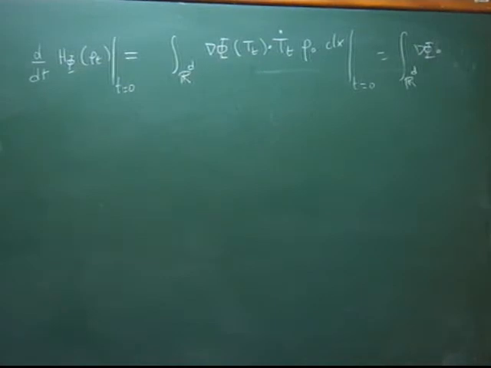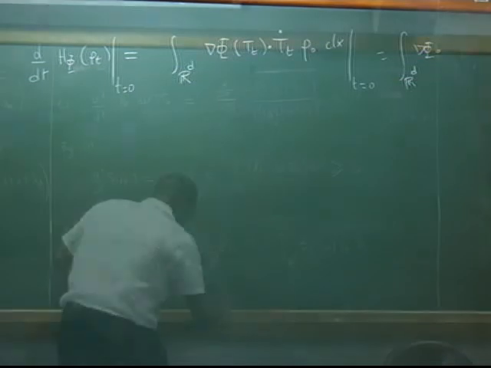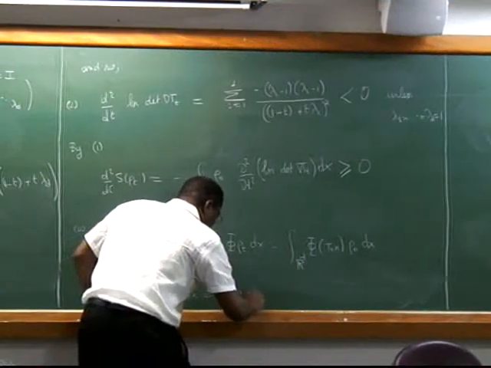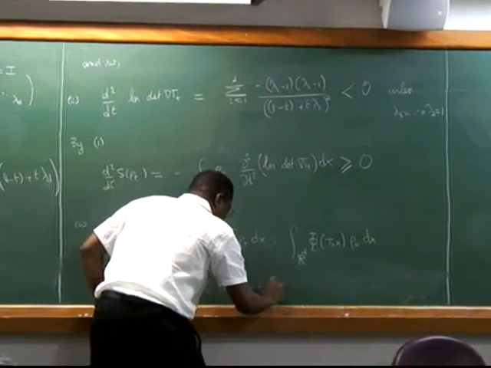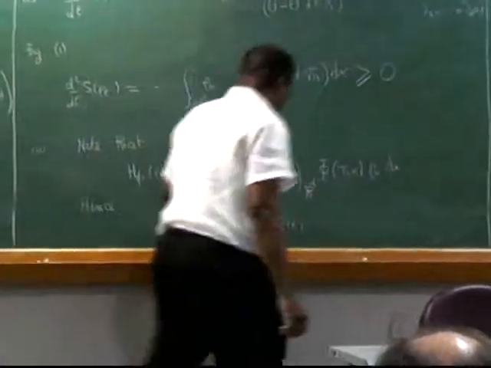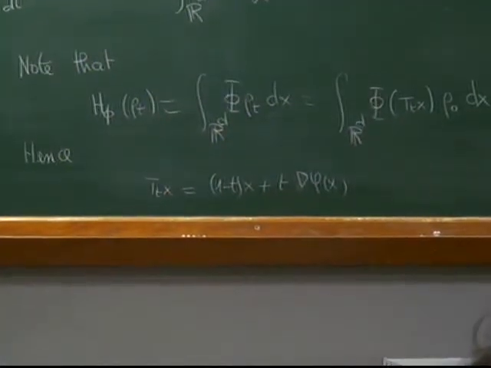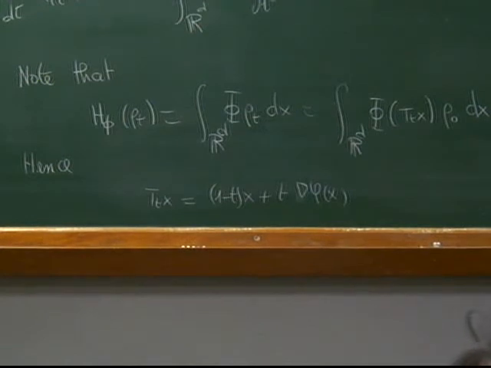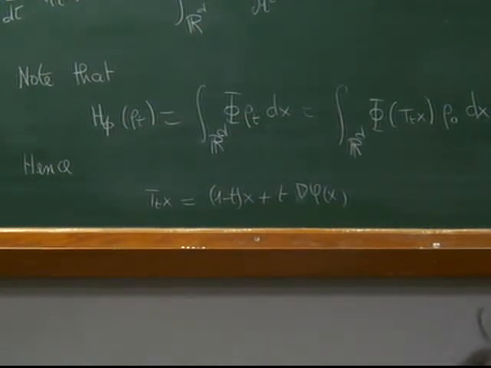Let us remember that T_t of x is (1 minus t) x plus t gradient phi of x. So T dot is gradient phi minus identity, and we multiply this by rho naught dx.